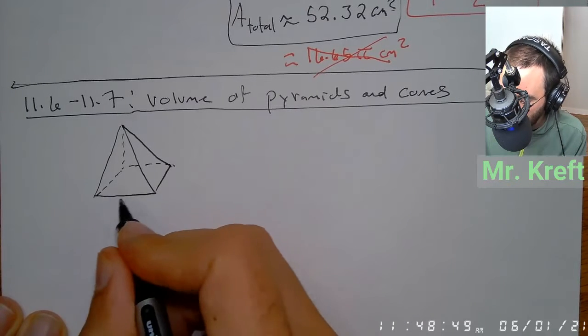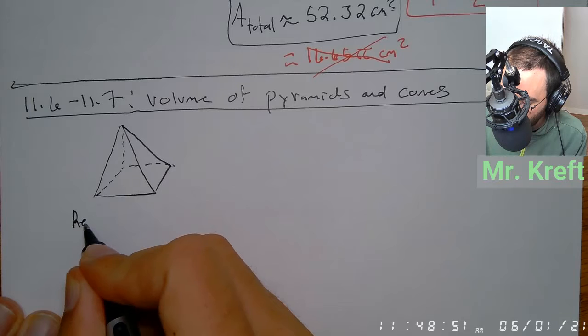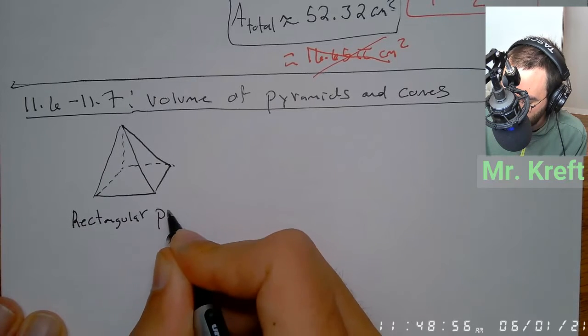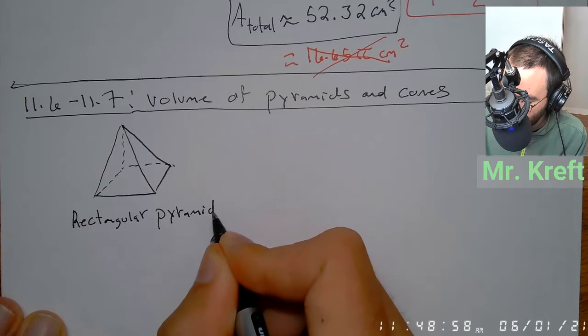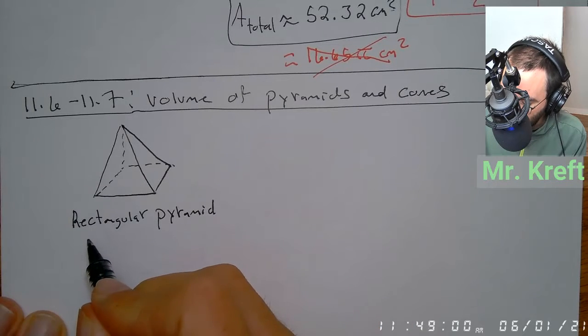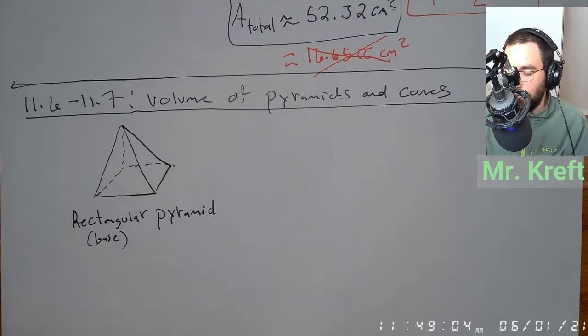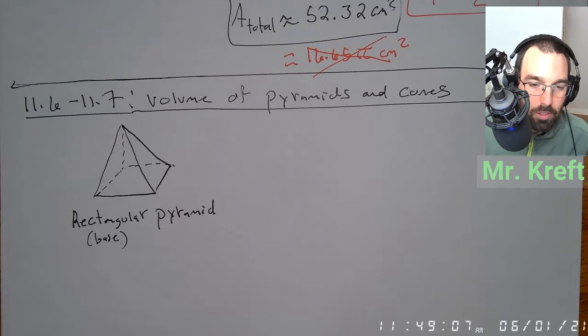So this one would be called a rectangular pyramid, because the base is a rectangle.